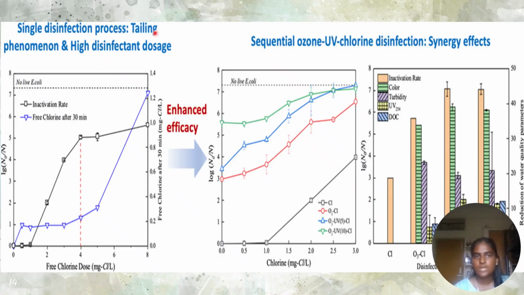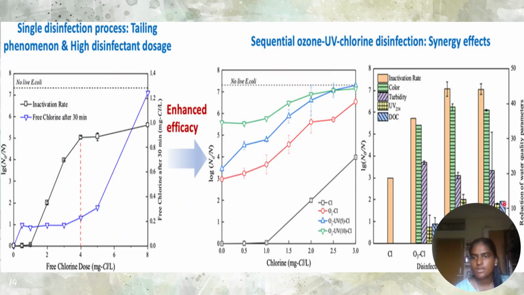But if we enhance the process by using combinations of UV and chlorine and all, we can effectively remove the pathogen load as well as avoid the tailing phenomenon.